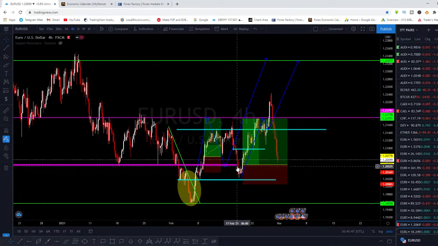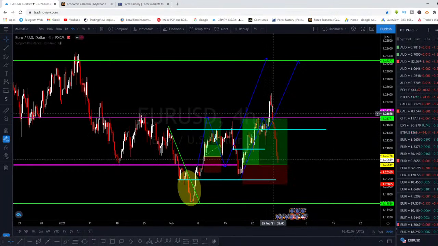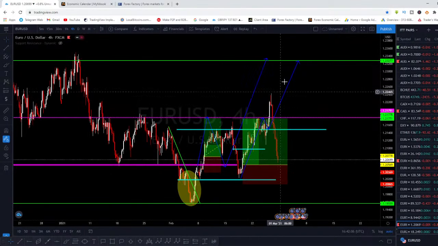So this was where we got in last week after we did the analysis here on YouTube, live and direct. The market was around here. So now, as you can see, the market went up to the upside, like I said. After which, I was still expecting the market to continue to move to the upside to this level after this break of structure, right?